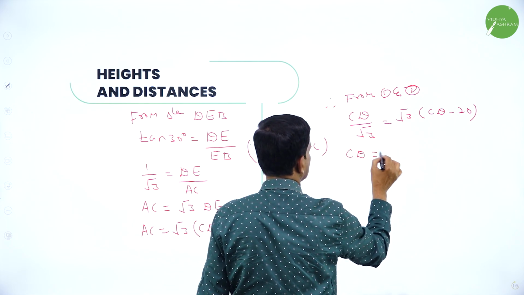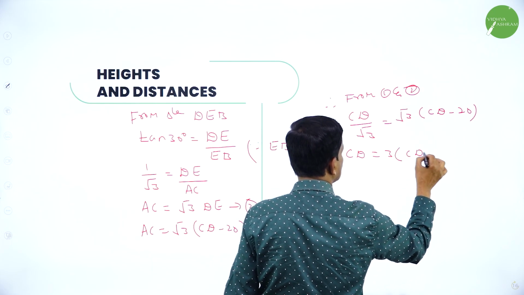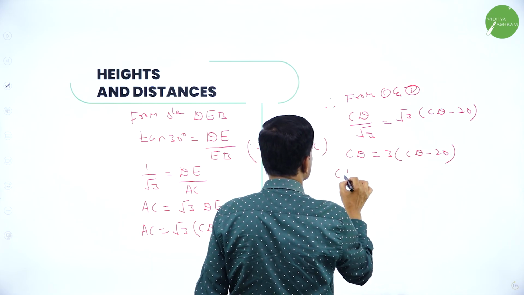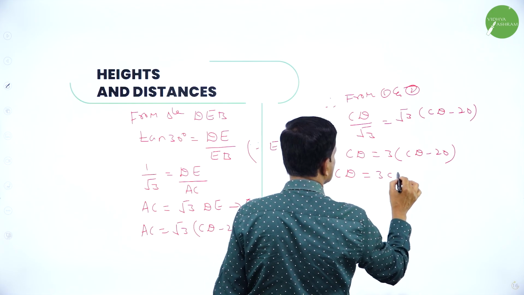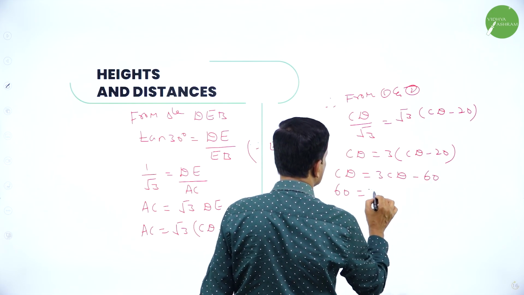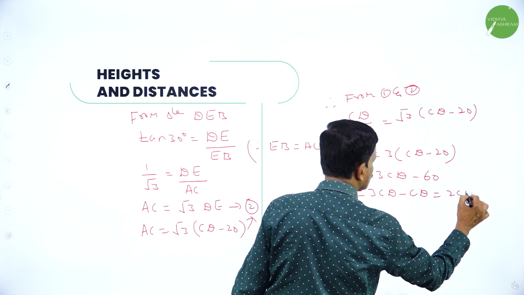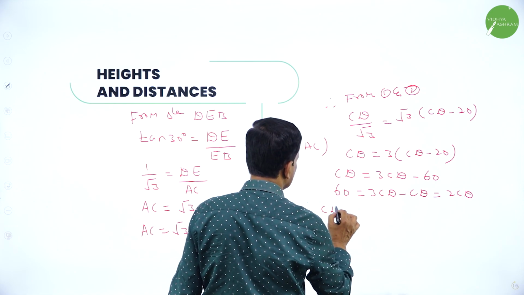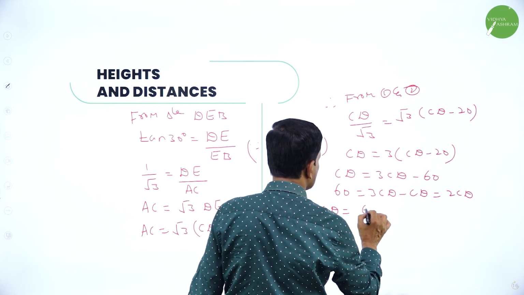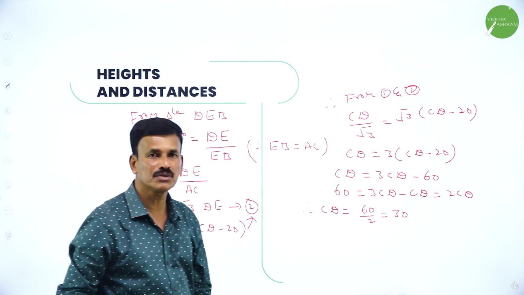CD is equal to root 3 into root 3, which is 3, times CD minus 20. CD is equal to 3 CD minus 60. So 60 is equal to 3 CD minus 1 CD, that is 2 times CD. Therefore CD is equal to 60 divided by 2, that is 30.